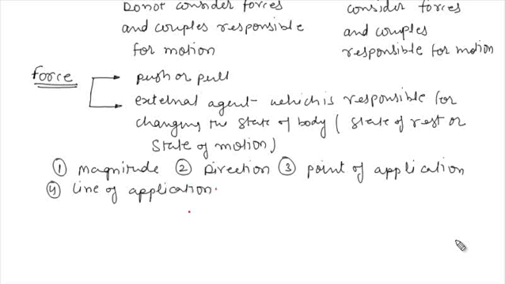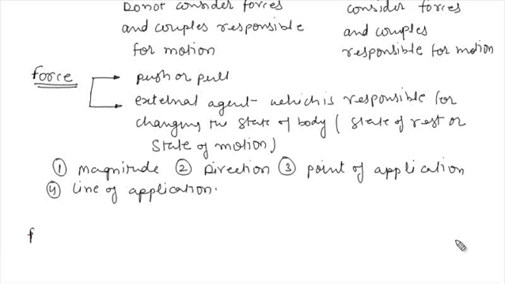Because force is a vector quantity, and for defining any vector quantity these things are required, especially magnitude and direction. But we are also interested in where we are applying the force and on which line we are applying it. So we are also interested in the point of application and the line of application.